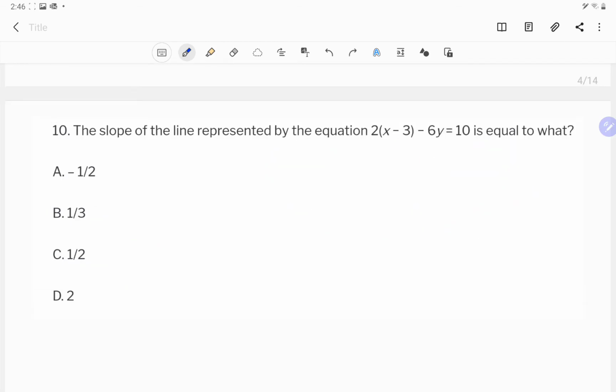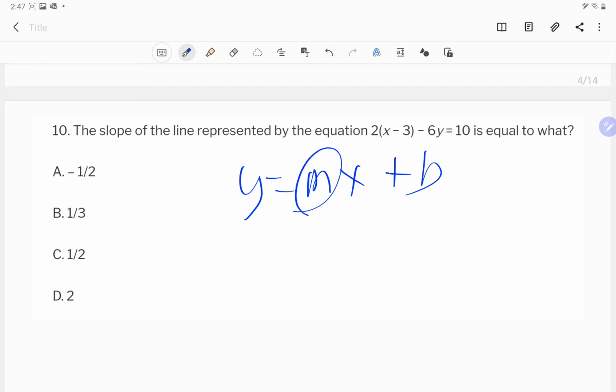Okay, what is the slope of the line represented by the equation 2 times the quantity x minus 3, minus 6y, is equal to 10? The first thing that we're going to do is recall the slope-intercept form of the line, which is y is equal to mx plus b, where b is your y-intercept and m is your slope.